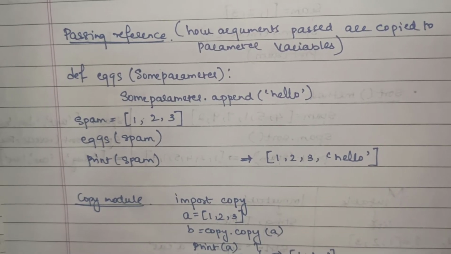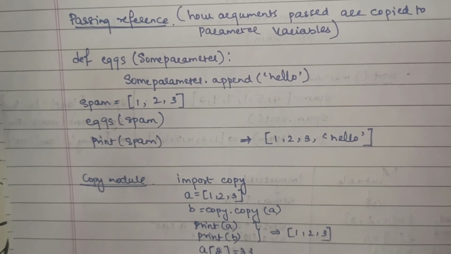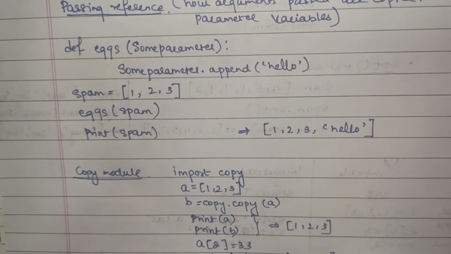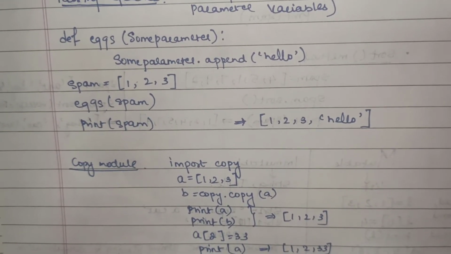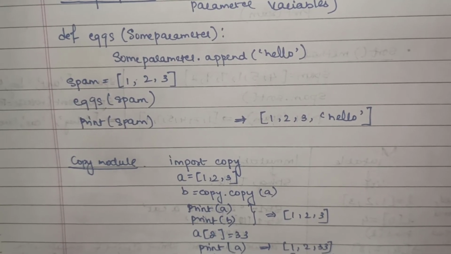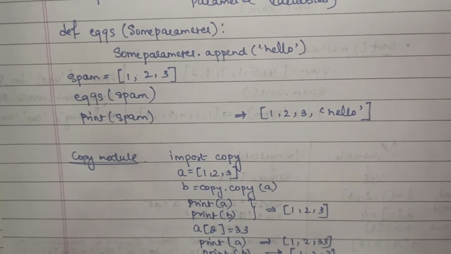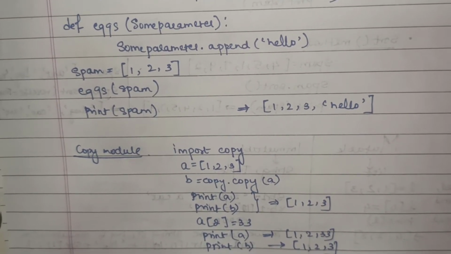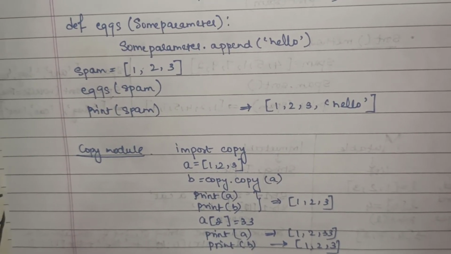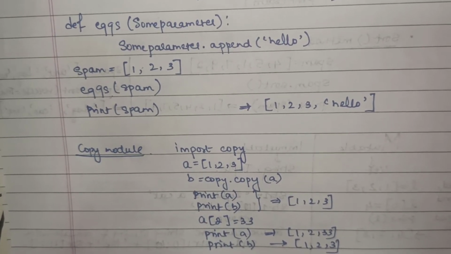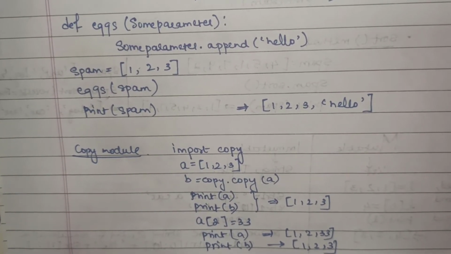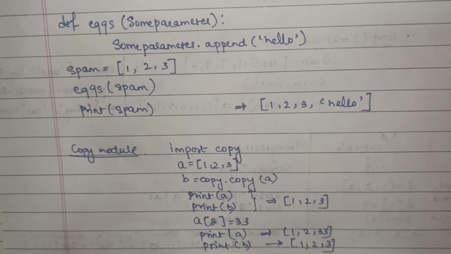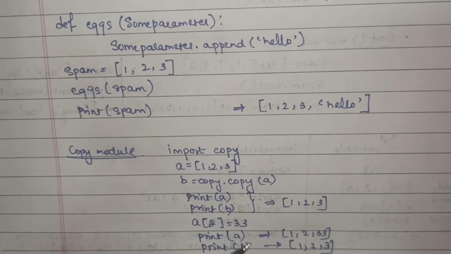Coming to the next topic, the copy module. To use the copy module, you first import it. So import copy, and you have a list a equals 1 2 3, and you use the copy module. Copy of a will be assigned to b, and you print a and b, which is 1 2 3, because both have the same value. After that you assign a of 2 equals 33.